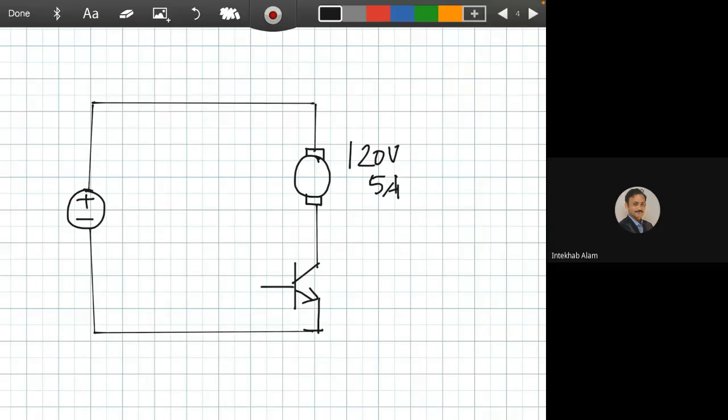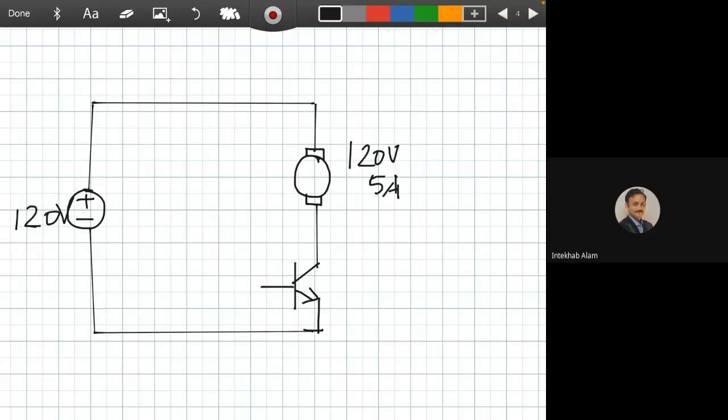Is it okay to select the BJT as a switch? Yes, sir. Okay. So the source is 120 volts and the motor is 120 volts. Whenever we want to switch on or run the motor, we need to switch on the BJT.